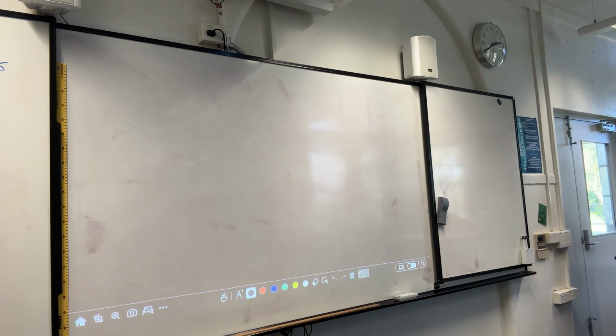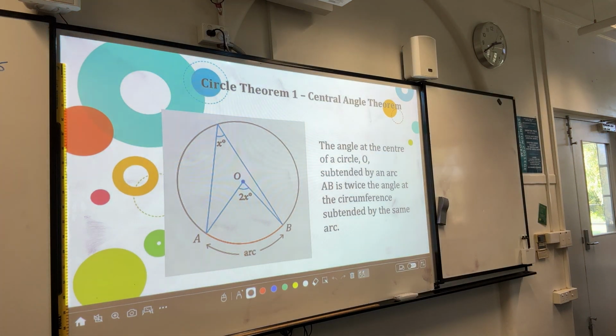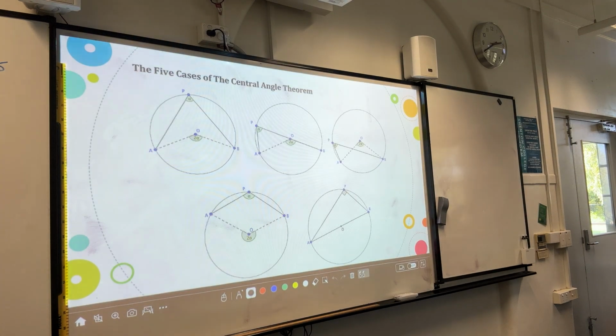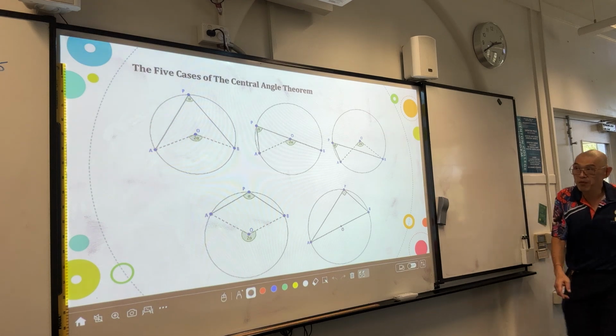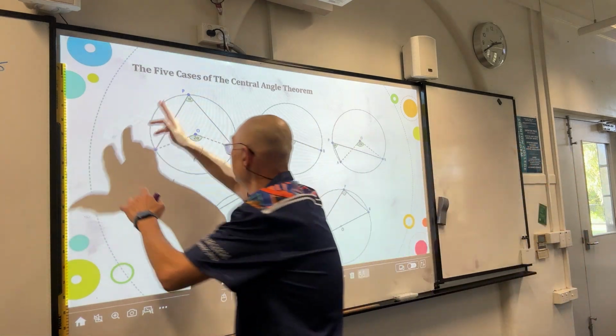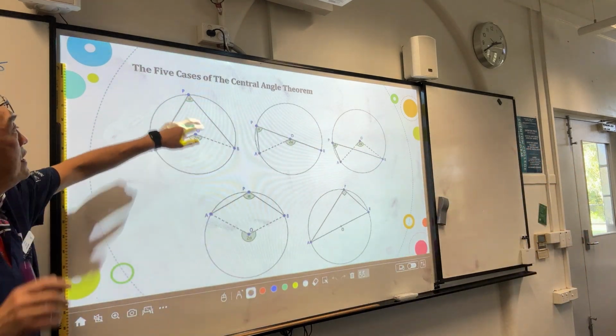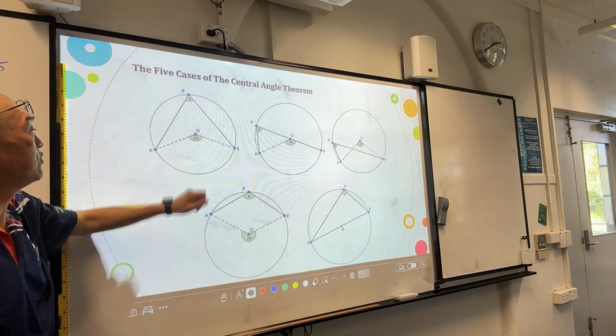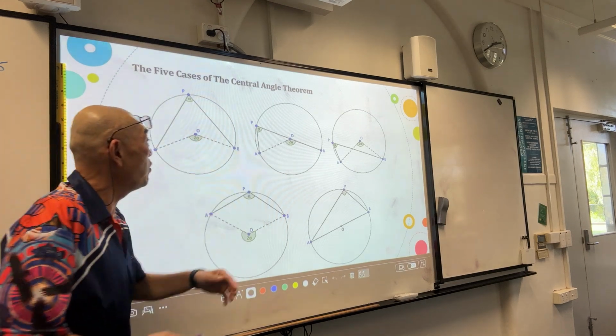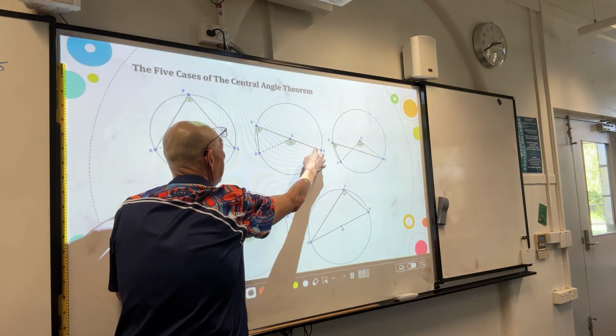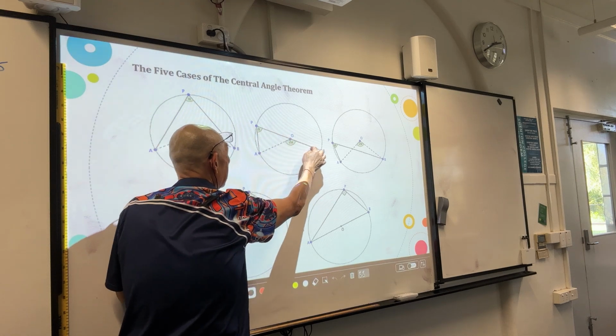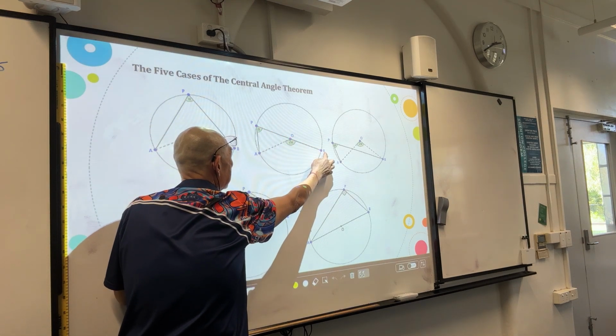Right, everyone, let's come back to concentrate on the whiteboard, please. So, this is case number 1. I'm going to show you all 5 cases straight away. You've got a situation where this is the most obvious. You can see that this is alpha, this is 2 alpha. This one here is the diameter.